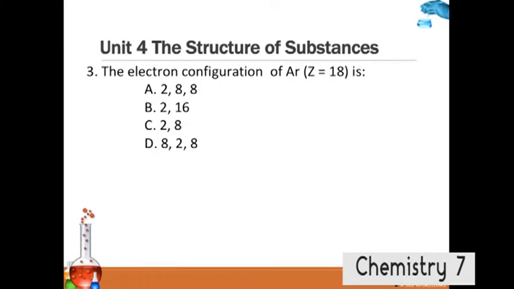The electron configuration of argon, Z equals 18, is: 2, 8, 8, 2; 16; 2, 8; 8, 2, 8.